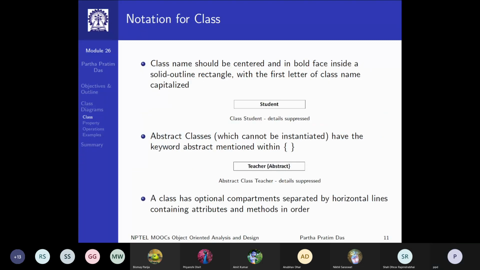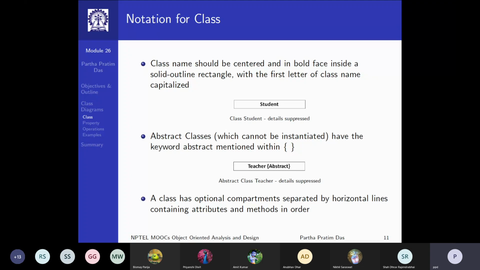Now, a class is simply written within a rectangular box with the name, the first letter of the name capitalized. So if you just write this, it means a Student class, but the details are not there. Initially it could just be that. An abstract class means something which cannot be instantiated.